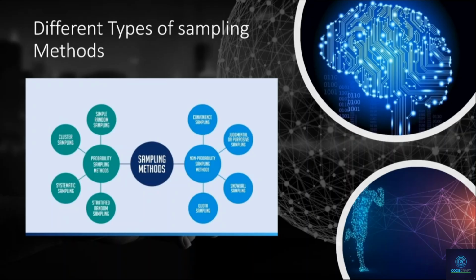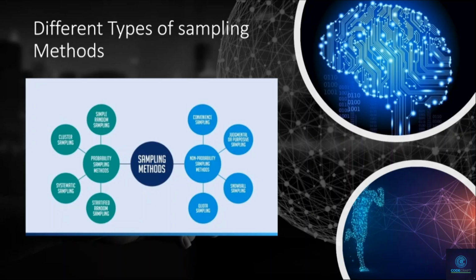You have the probability sampling method and the non-probability sampling method. Basically, the main difference between them is that the probability sampling method is based on selecting random people. You will try to select people as randomly as possible. The non-probability sampling method will not necessarily always select random people.